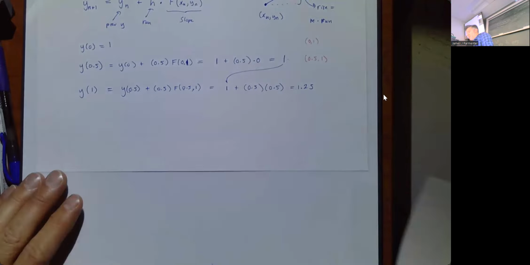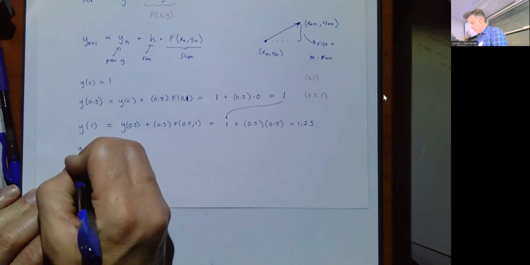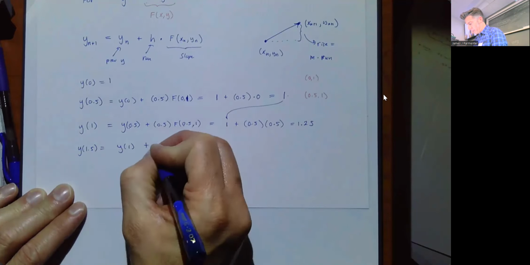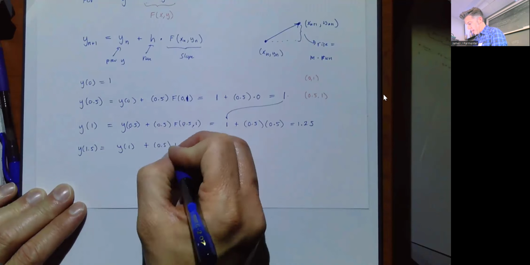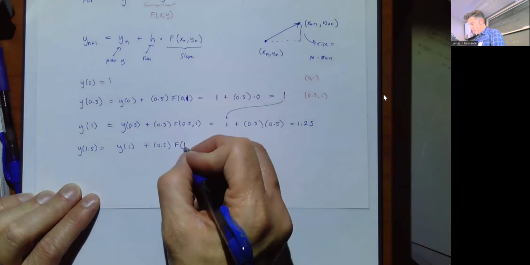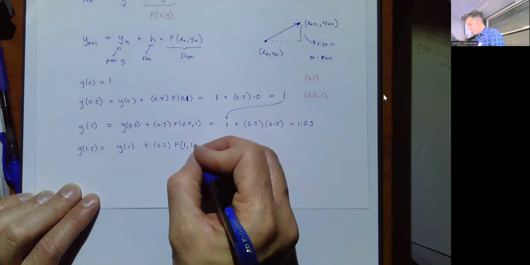All right, let's keep going. We're almost done. Well, we're halfway there, which is almost done. The next one, y of 1.5, is going to be y of 1 plus, again, a half times f of, here's where things are getting a little bit dicey. The new x value is 1. The new y value is the old y value, 1.25.